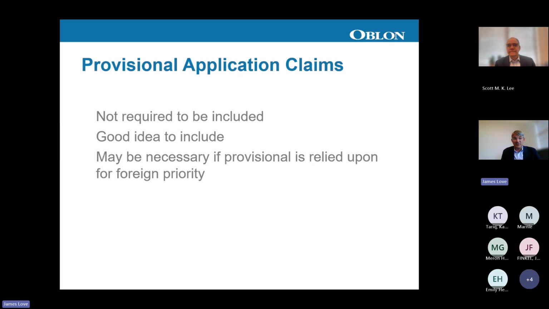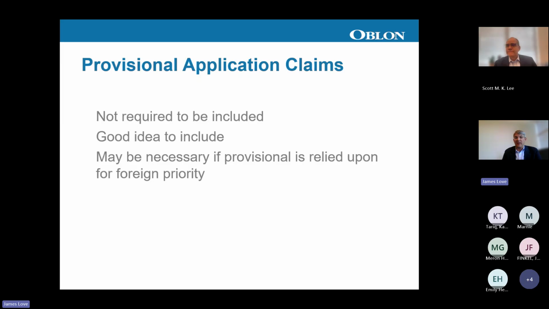So just be wary of that. I know this is kind of a side note from what I'm commenting on here, but claims are actually a really important part of an application, and it's something that AI has a really hard time doing. And it is something that you really should be focusing on when you're writing your application, especially your utility application.